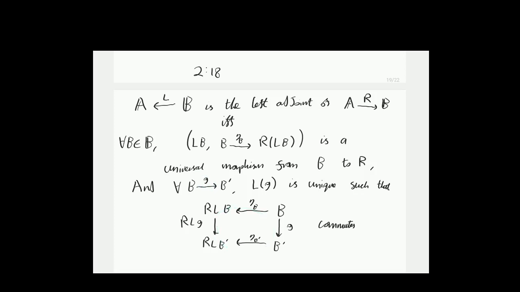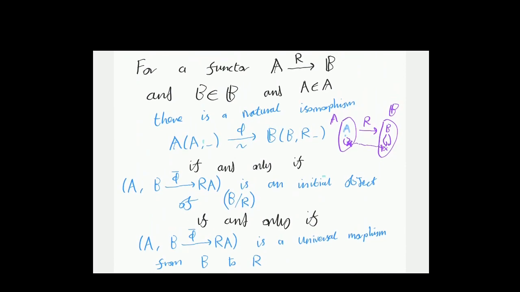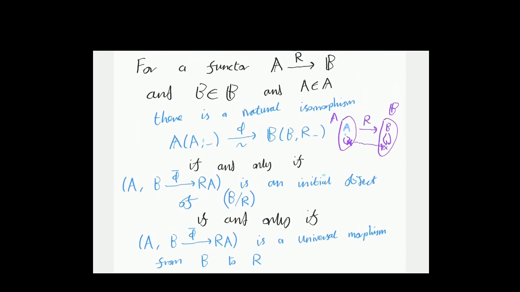So basically the idea then is that if you can find a representation of scripty B of R comma blank for every B, so for every B you find one of these A's, well then you can call that A L of B for every B, and you're defining a functor.